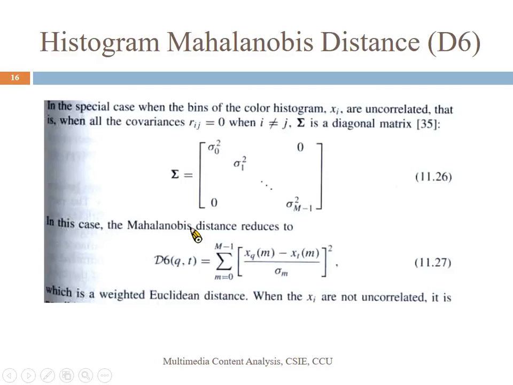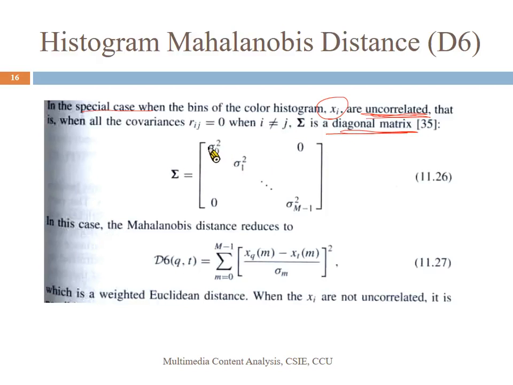And actually, we just consider a special case of Mahalanobis distance. If different colors are totally uncorrelated, that means the covariance matrix would be a diagonal matrix.